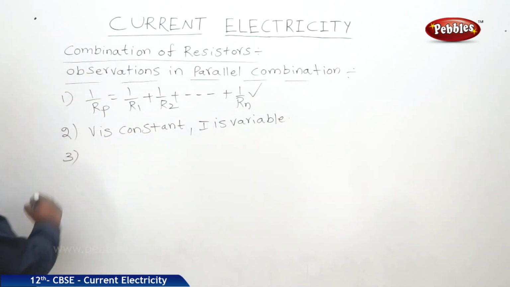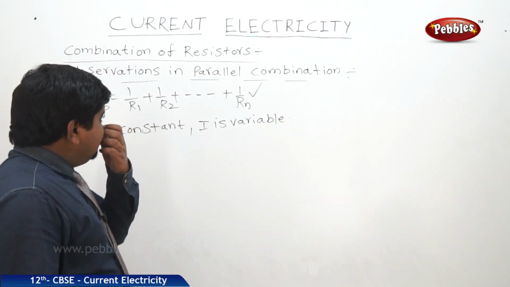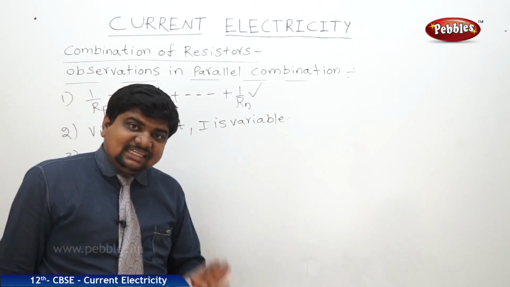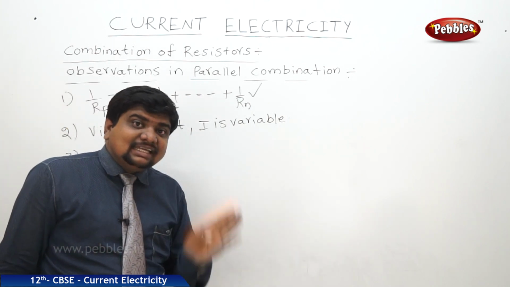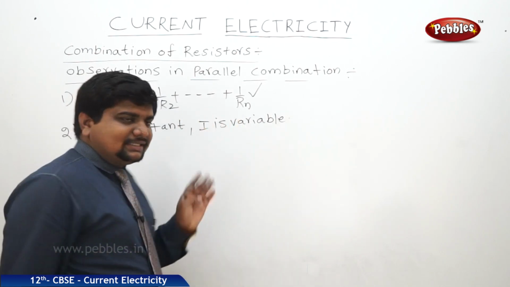Third one, this is very, very important. In parallel combination, the effective resistance is always less than the lowest individual resistance.